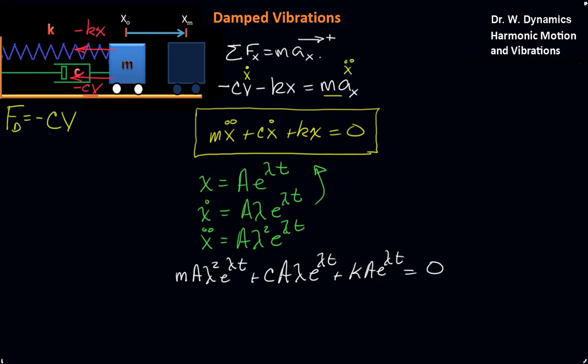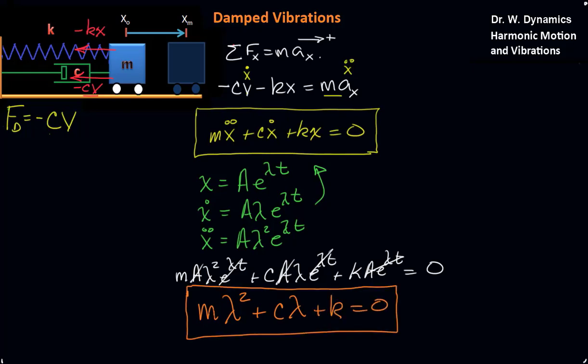And we can see here that we can divide through by a e to the lambda t, and we'll be left with m lambda squared plus c lambda plus k is equal to 0, which is called the characteristic equation for the solution of this constant coefficient differential equation.